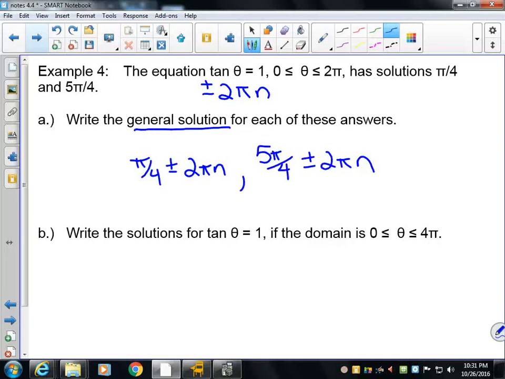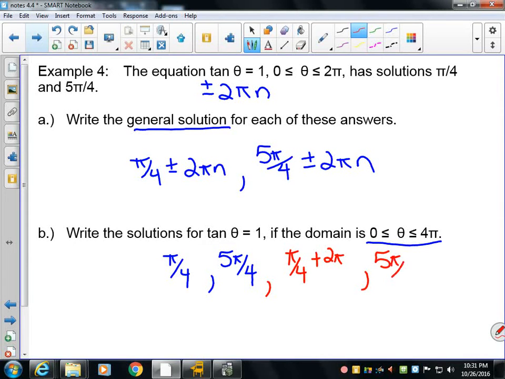Okay? So here, if we expand our domain from 0 to 4 pi, well, we know this works for 2 pi, the pi quarters and the 5 pi quarters. But in order to go to 4 pi from 2 pi, we have to add 2 pi. So we actually have to take a second and add 2 pi. So it'll be pi quarters plus 2 pi and 5 pi quarters plus 2 pi.